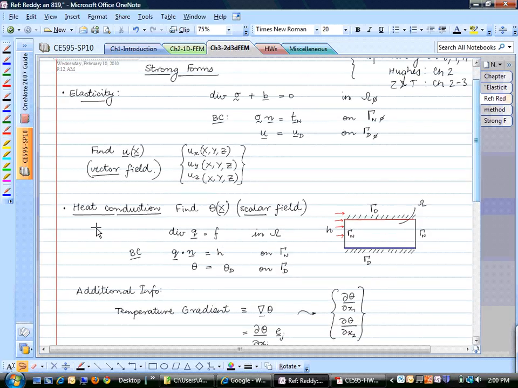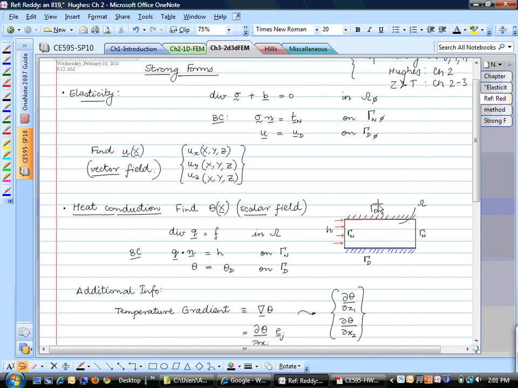All right. So let's take a look at a scalar field problem. This problem is of heat conduction. So what we're saying is that in this problem, we have some domain, some structure, or some material, and we have constrained one portion of the boundary of that material, which we are calling gamma d, which is similar to our displacement boundary condition, but we have constrained it in such a way that we are applying some temperature at that point.